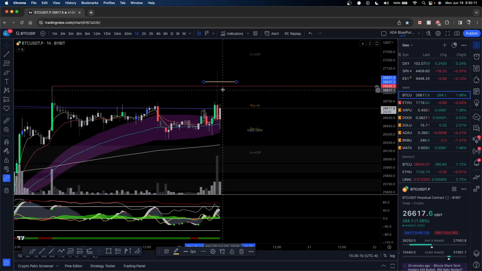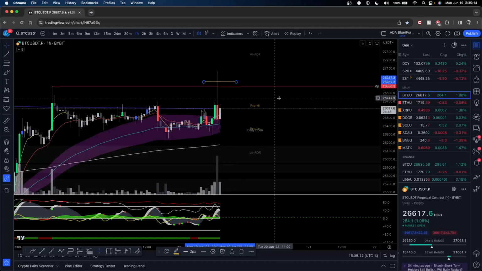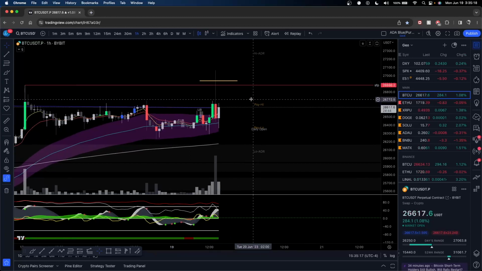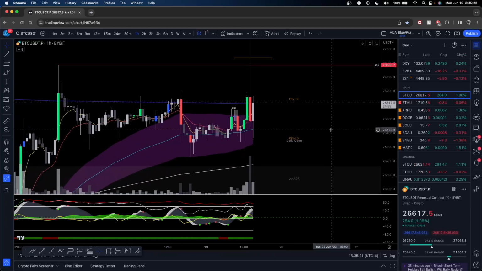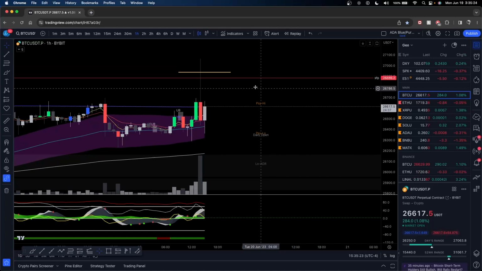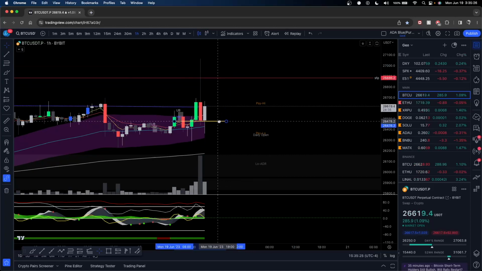But at the same time, if you're doing it the safe way, I'm not waiting for 50% of any candle. Technically, you're supposed to wait for the close. So technically, when this candle closed over here, your entry would be right here. Actually, let's do this thing.